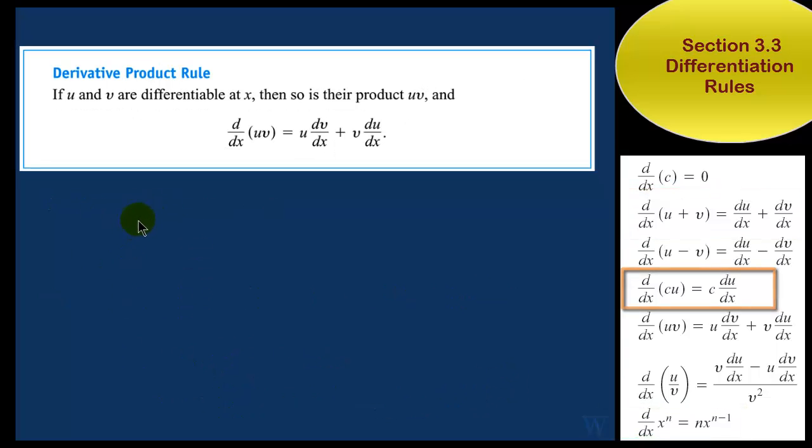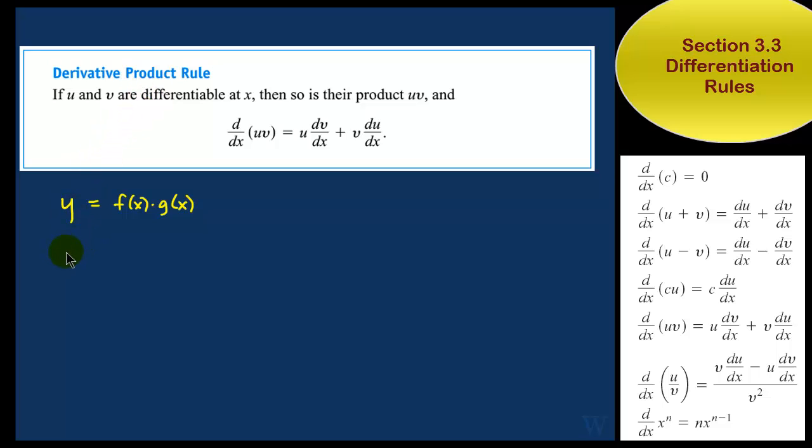What about product rule? Let's look at the definition first. You have two functions that are differentiable. If we take the derivative of the product of u and v, it's equal to u times the derivative of v plus v times the derivative of u. Let's take, say, I have y is equal to the function f of x times g of x.